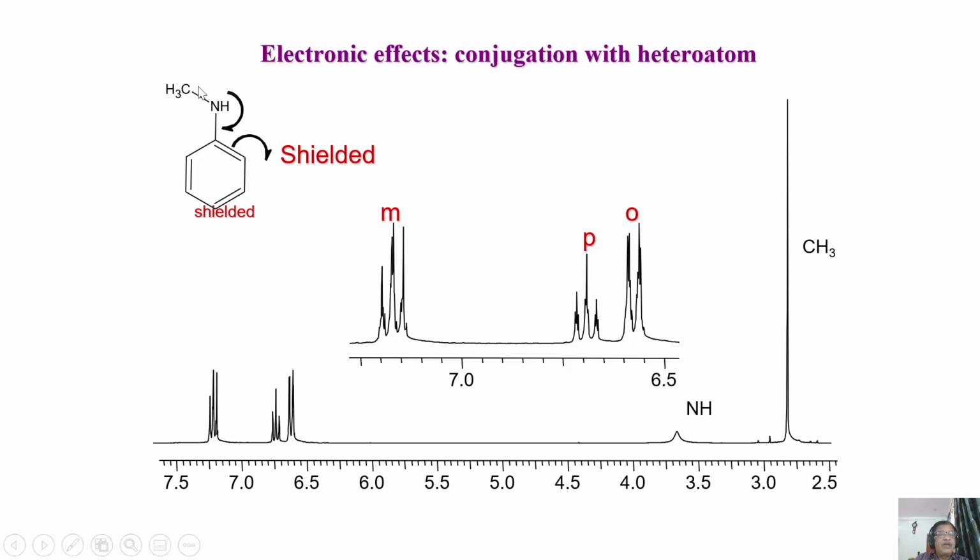If you see how the charges, electrons are moving, you can see that the charge density is more at this place and this place, that is ortho and para, yet again compared to meta. As you can see, meta protons move to the downfield, whereas para and ortho protons come high field.